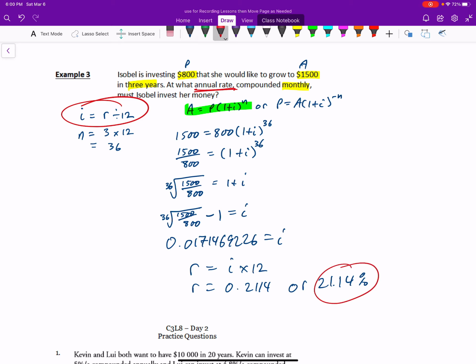So, in other words, it would take a very high interest rate, 21.14%, to grow something from $800 to $1,500 in 3 years. It doesn't matter what the amounts are, but if we look at P compared to A, it is almost double. She's hoping to double her money in a fairly short period of time, 3 years. So it makes sense that the interest rate would need to be quite high.